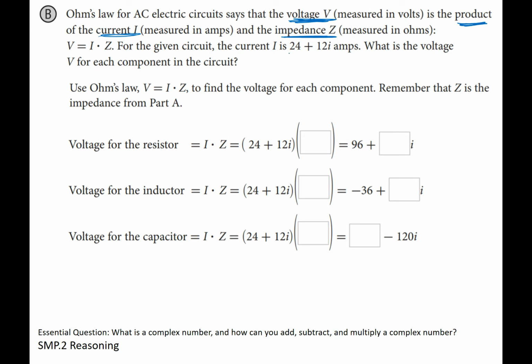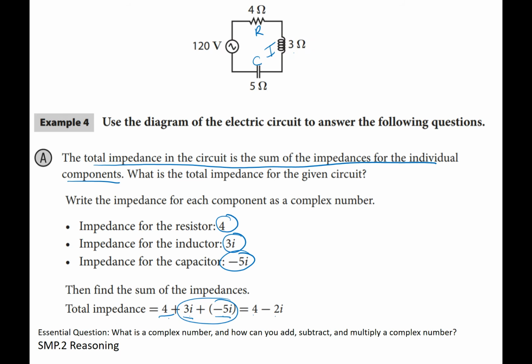For the given circuit, the current is this, which we just calculated. What is the voltage for each component of the circuit? So we're going to take that. The voltage for the resistor is 24 plus 12I times the impedance. If we go back and look at the picture again, the impedance for the resistor is going to come from this 4 right here.